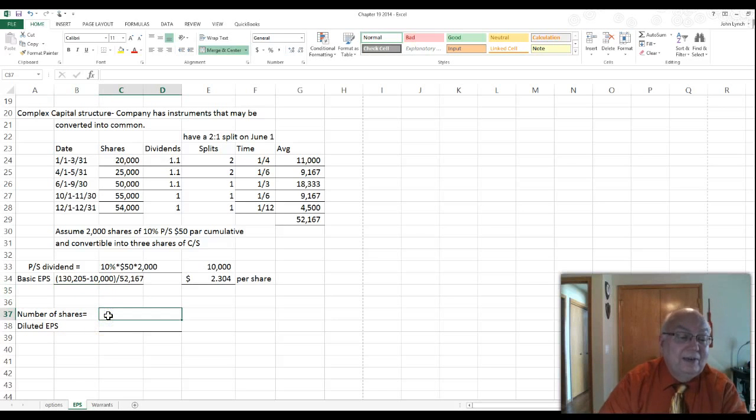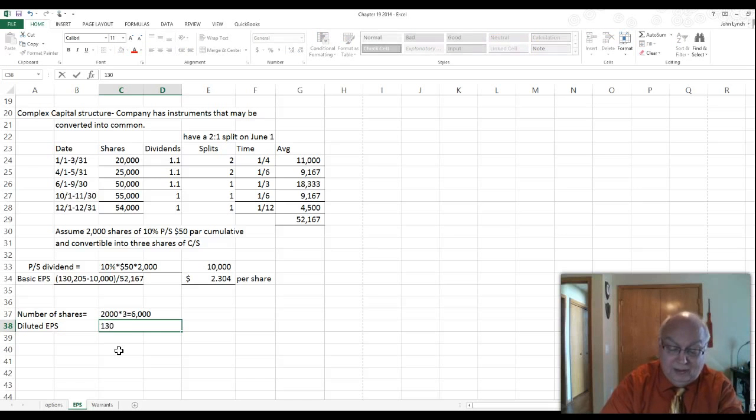Now here we have to recalculate the number of shares. It's real simple. We have 2,000 shares of preferred stock. We assume they have been converted. So that means we have an additional 6,000 shares of common stock out there. Okay. For the diluted earnings per share then, what we would have would be the 130,205 divided by, we don't subtract off because we don't have preferred dividends anymore, but we divide it by the 52,167 plus the extra 6,000.